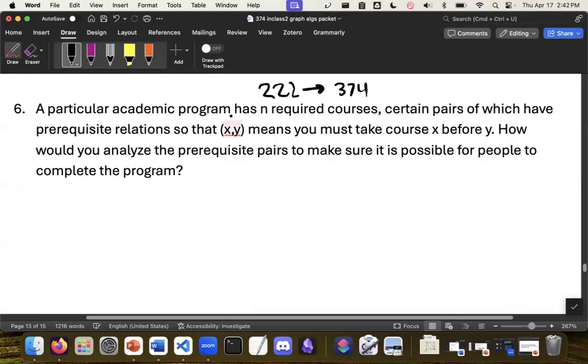And so you have to take 222 before you can get into this class. And you have to take 121 before you can get into 222. So we can draw the graph like this. An edge between course X and Y means you have to take X before you take Y. So let's say we're given a list of all of these pairs. And how do we figure out that it's possible for someone to complete the program?